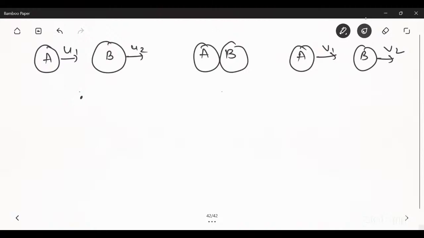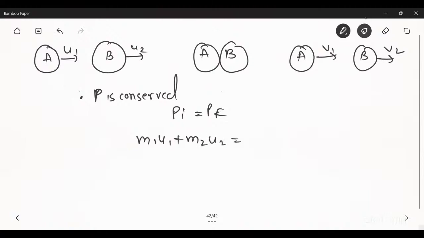First, momentum P is conserved in all types of collision, so P initial equals P final. That means m1 u1 plus m2 u2 equals m1 v1 plus m2 v2.